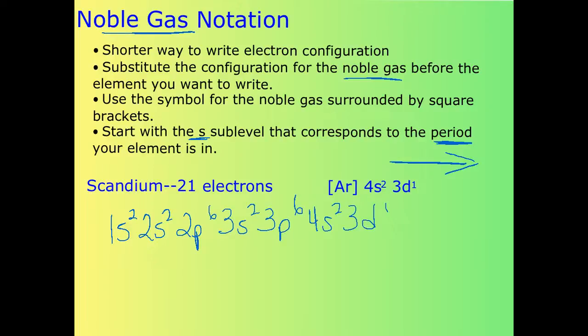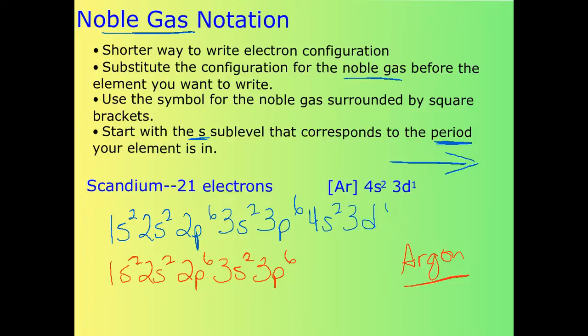So writing out the electron configuration of scandium, I see all of these different electrons. If I count backwards on the periodic table from scandium, and I find the next noble gas that's previous, I find argon.